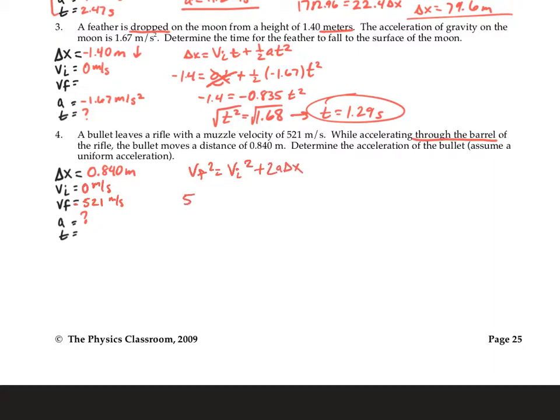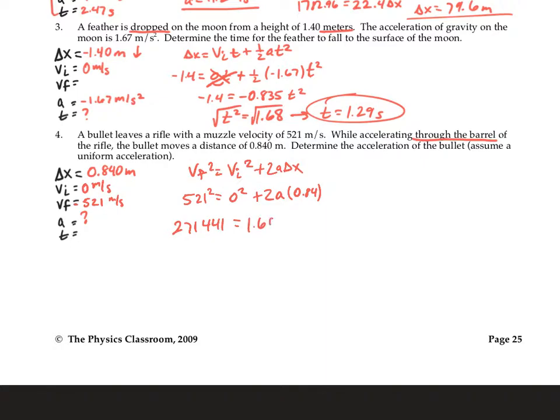Final velocity is 521, that's squared, equals 0 squared plus 2 times a, I don't know that, times 0.84. So 521 squared is 271,441 equals, I'll go ahead and multiply the 2 and the 0.84.